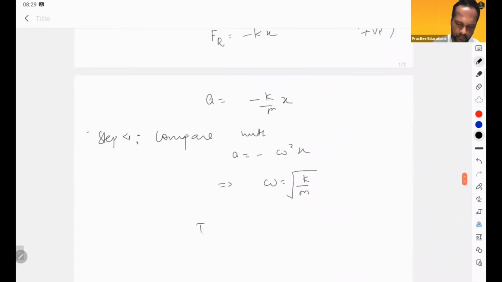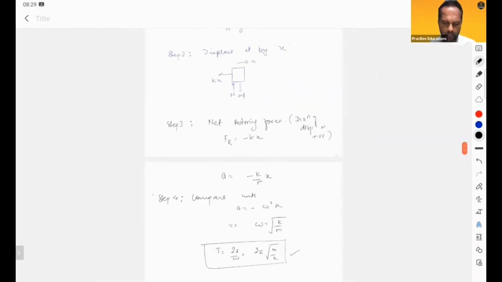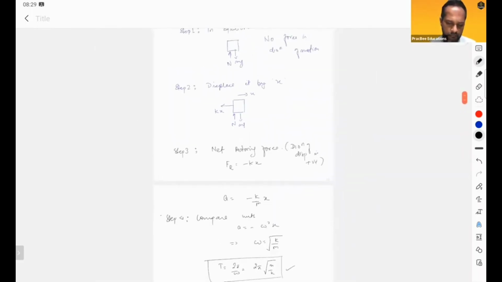Time period is 2 pi by omega, so this is 2 pi under root m by k. Understood? This is how you have to proceed, these 4 steps. Draw the free body diagram in equilibrium, displace it by x, write the net restoring force, and in the last compare.